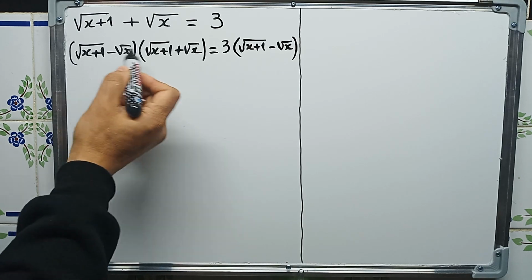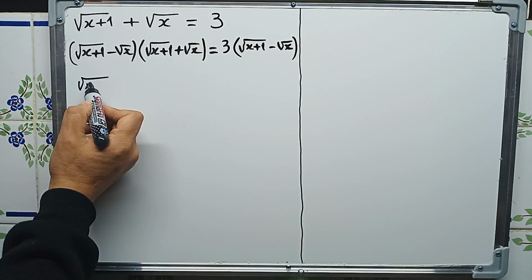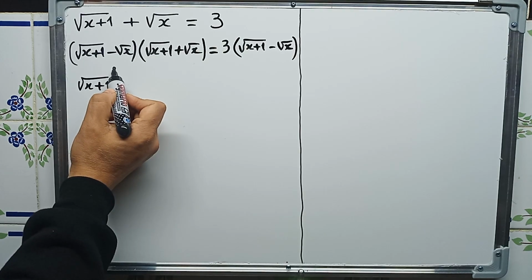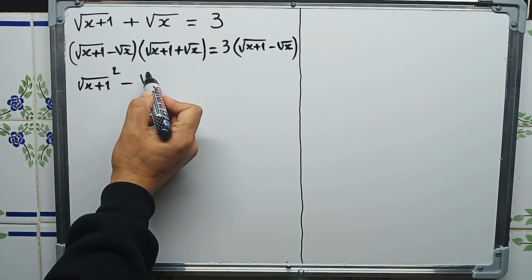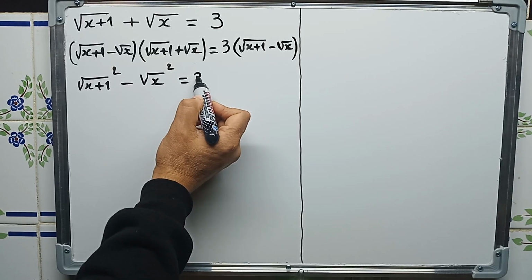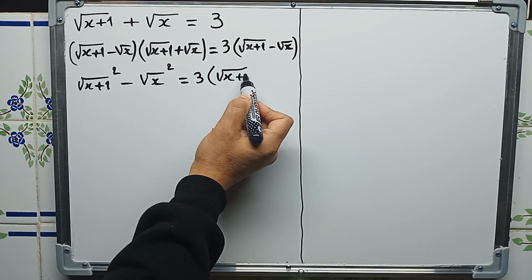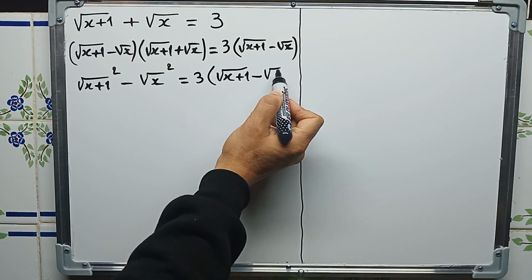This side is the special product, which is square root x plus 1 squared minus square root x squared equals, and this is 3 square root x plus 1 minus square root x.